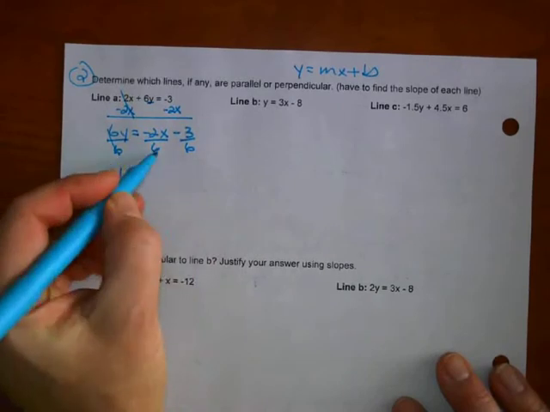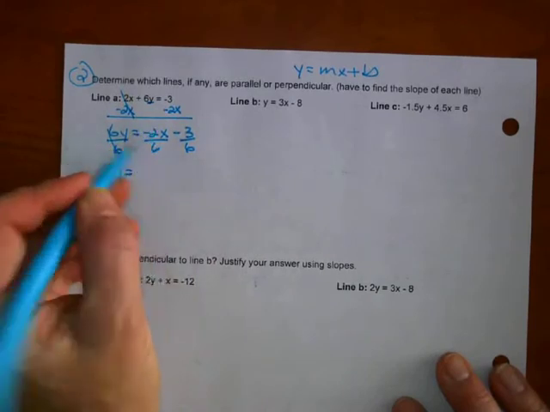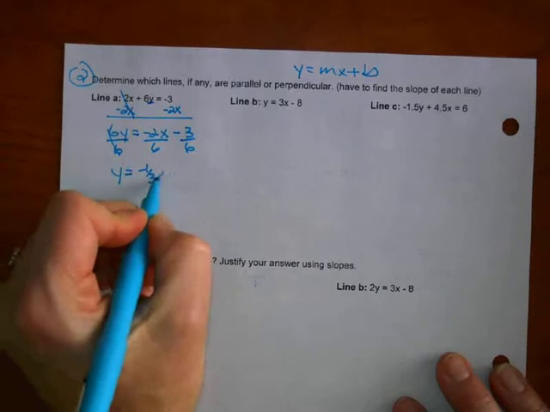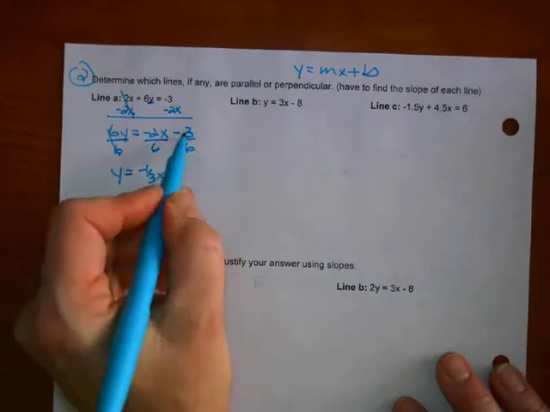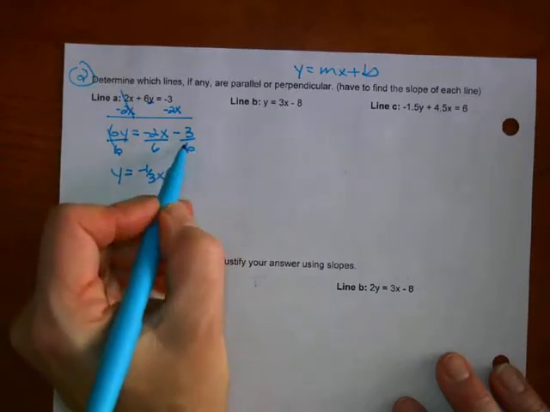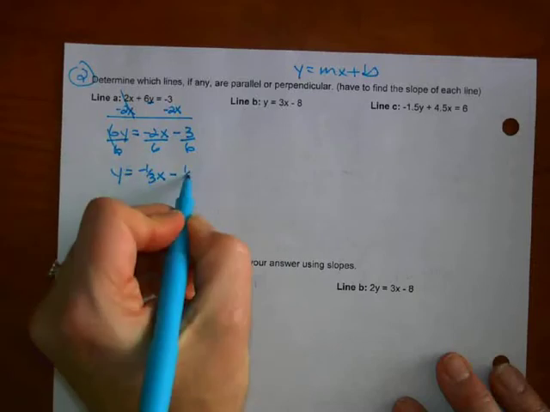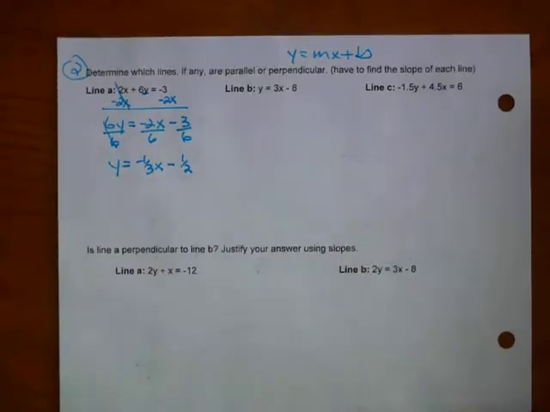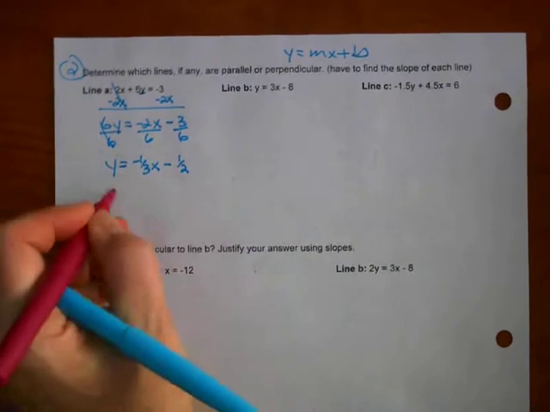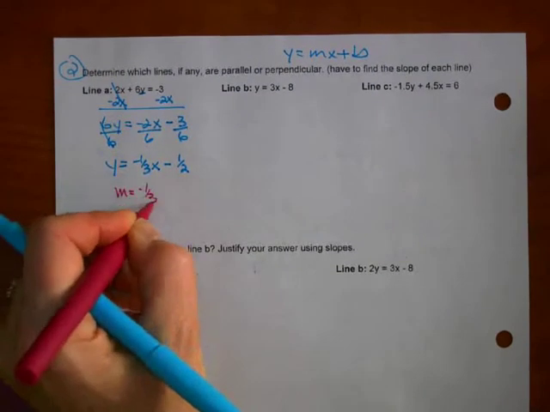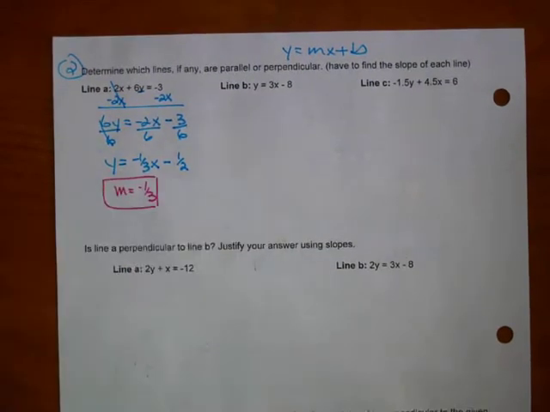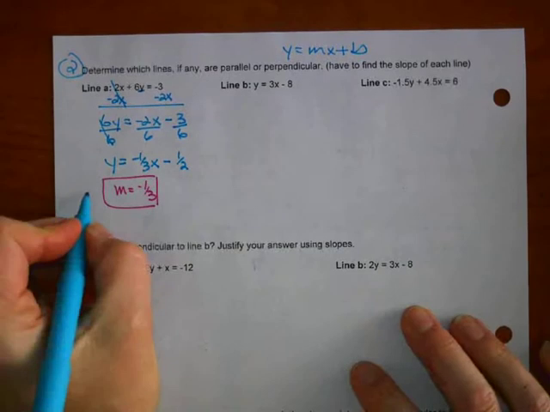And y equals, if I reduce this fraction right here, I get negative 1/3 x minus, 3 is half of 6, minus 1/2. Okay, so my slope here is negative 1/3. So that's line A.